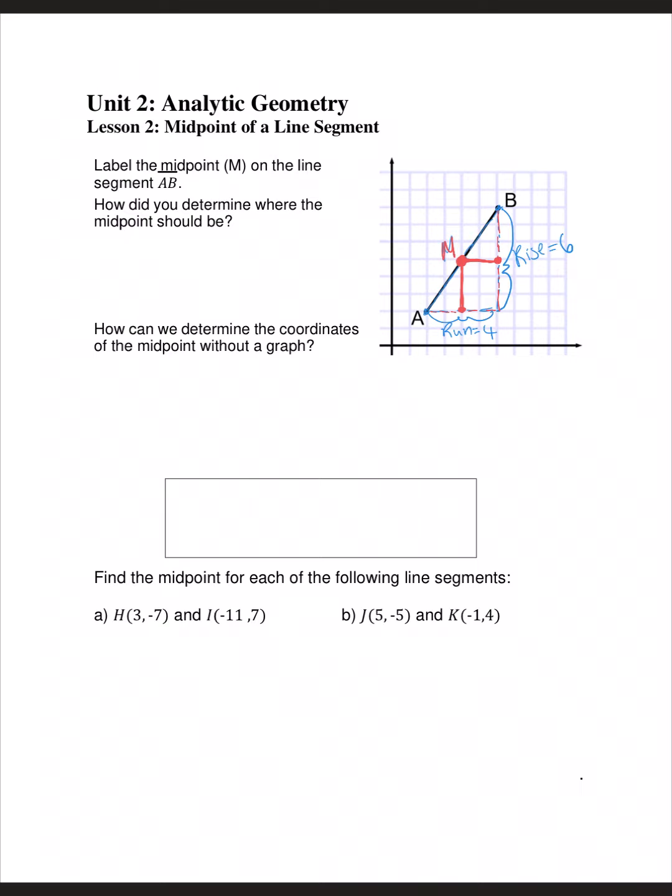So how do we determine where the midpoint should be? In this case, we're going to use our rise and our run.